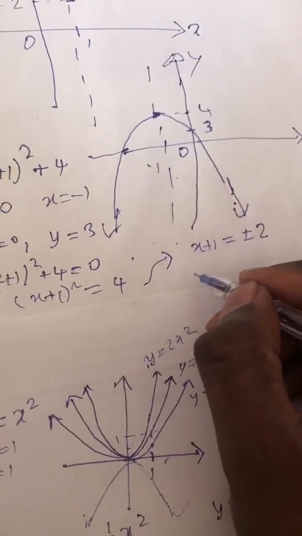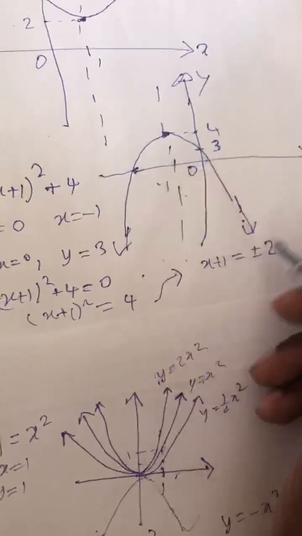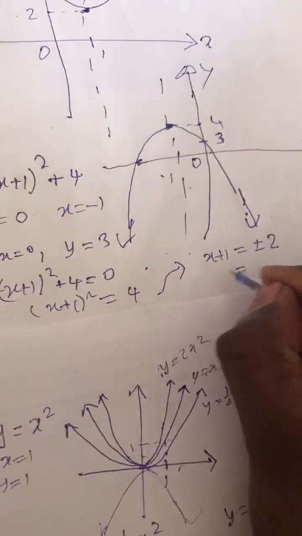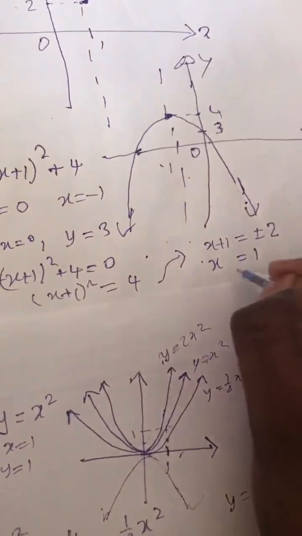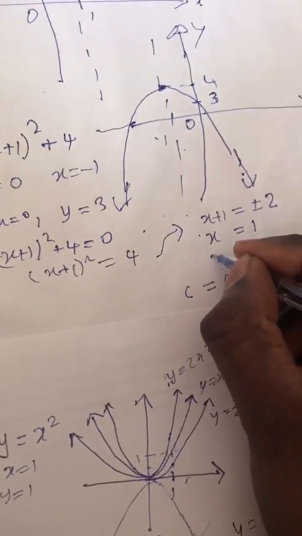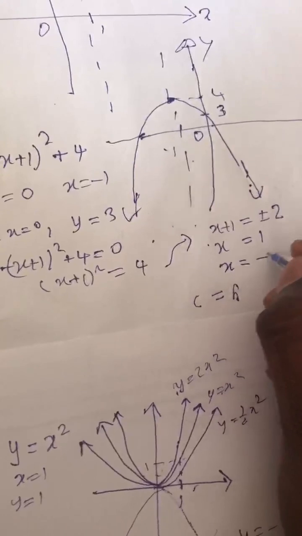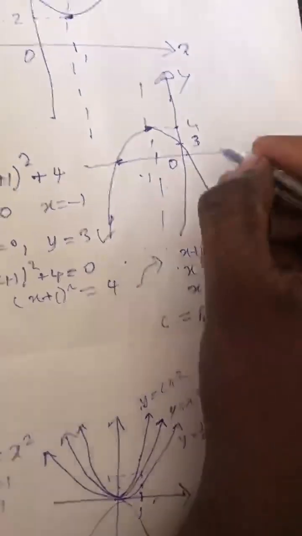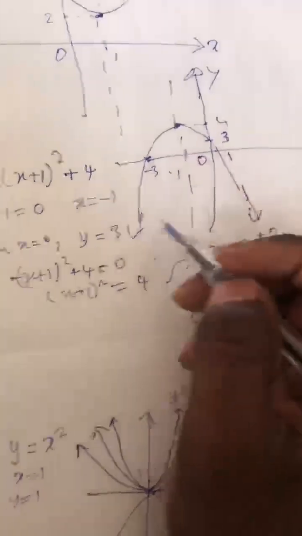There are 2 values, actually 2 intersection points and 2 values. When considering plus 2, x equals 1. When considering minus 2, x equals minus 3. So here x equals 1, x equals minus 3. This is the graph.